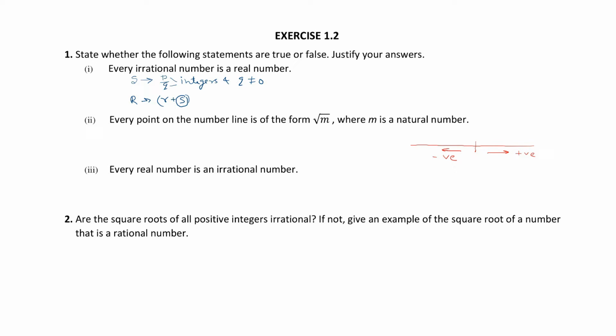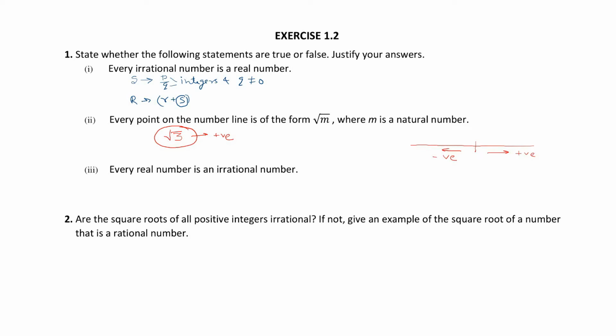So let's say we take the square root of 3. We will get a positive number, but we cannot get a negative number, right? Therefore, we can conclude that not every point on the number line is of the form square root of n, where n is a natural number.